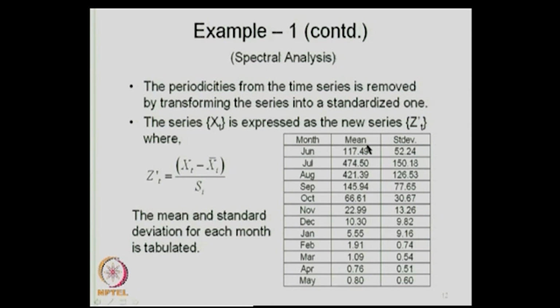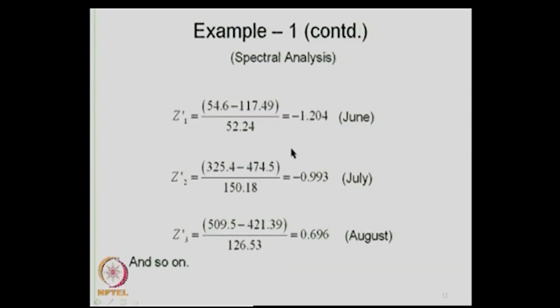June has its own mean. So, you deduct the mean of June when you are taking I is equal to 1 and so on, and similarly the standard deviation corresponding to that particular month. So, we formulate z dash t by this transformation. The original time series x t is now transformed into z dash t, and for example, you are looking at the first value x 1.